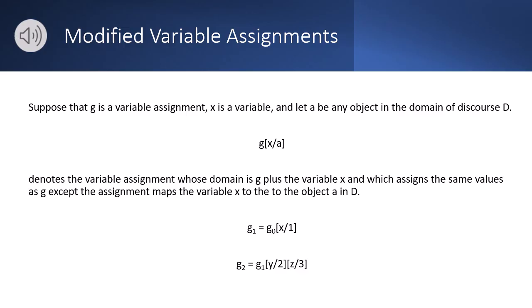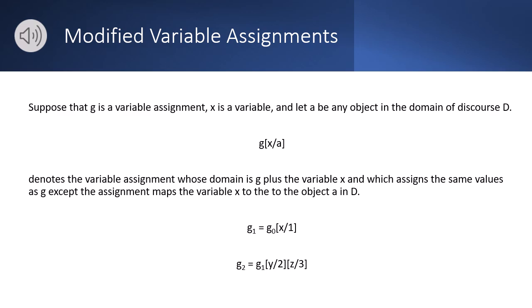We could also then modify G1 by stipulating that we add both Y and Z into the domain of G1, and we map Y to 2 and Z to 3. And that's what's being said on that bottom line.